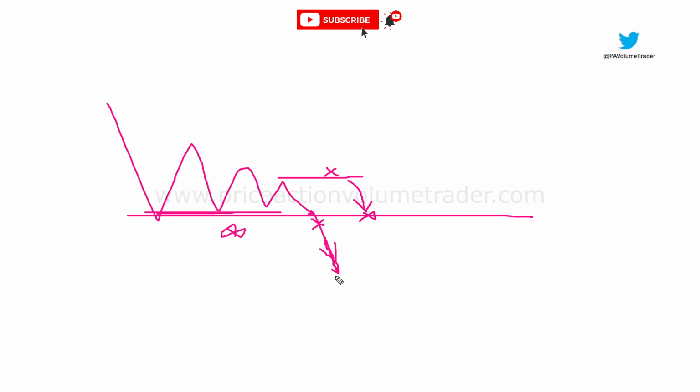Well, it is a bad idea because this is a fresh level. We broke an important support level and we haven't come back to retest it. What do you think is probably going to happen? Here, I'll just put -1. This is where we got in. Our stop is here originally.